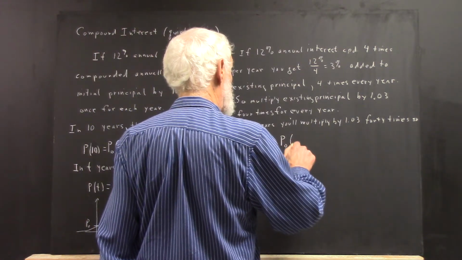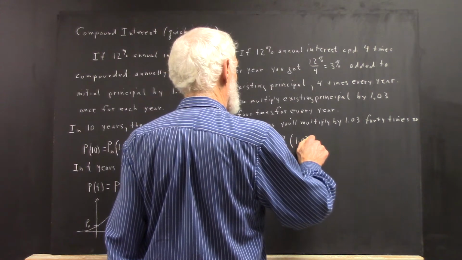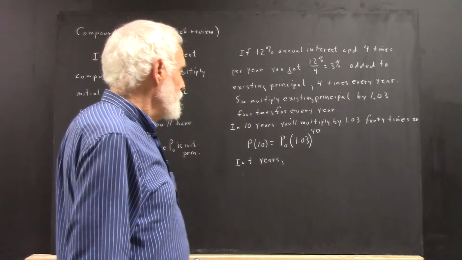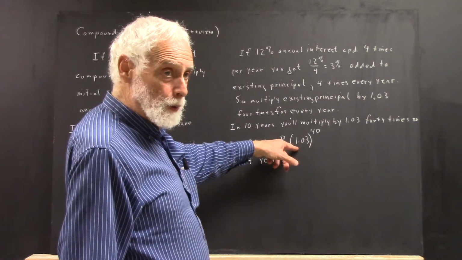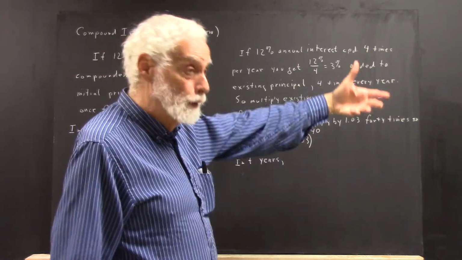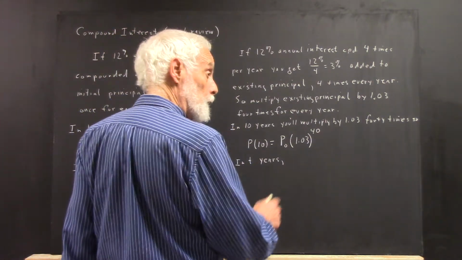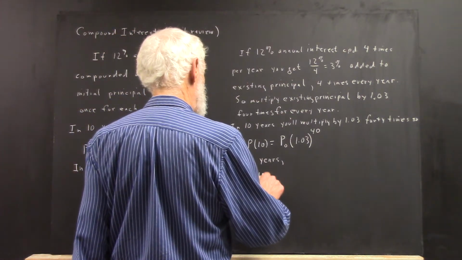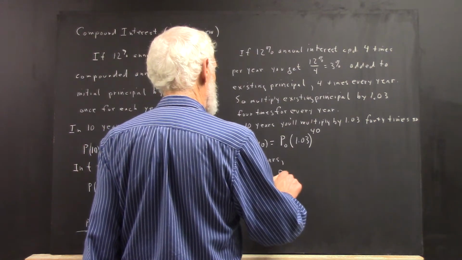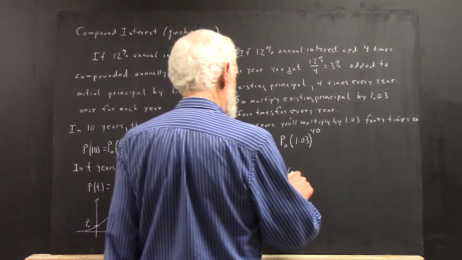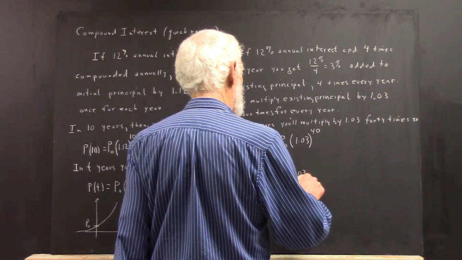It's going to be P naught times 1.03 to the 40th power. Because in 10 years, you're going to multiply by that 1.03 4 times every year, 40 times in 10 years. In t years, what do you have? See if you can do this one. P of t equals P naught times what? Well, it's going to be times 1.03.